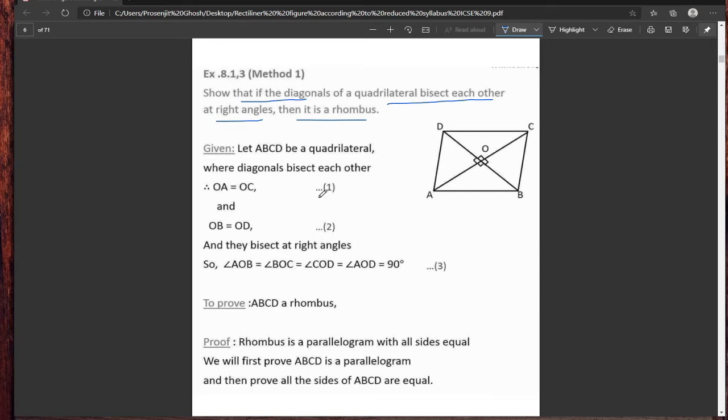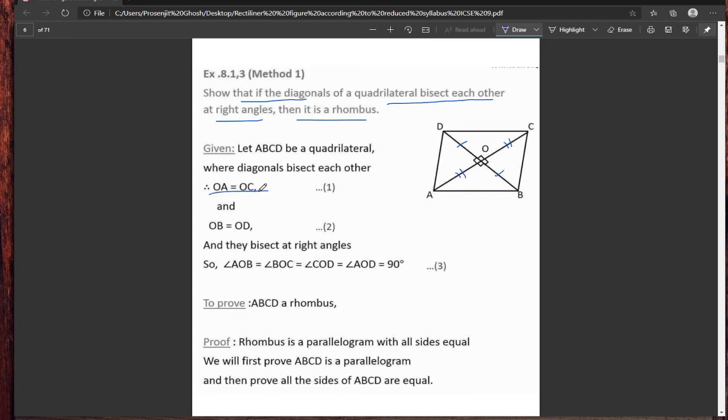Okay, so what we have over here is that ABCD is a quadrilateral where the diagonals bisect each other. As the diagonals bisect each other, from the last theorem we can say this is equal to this and this side is equal to this.